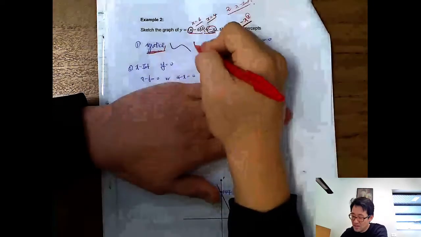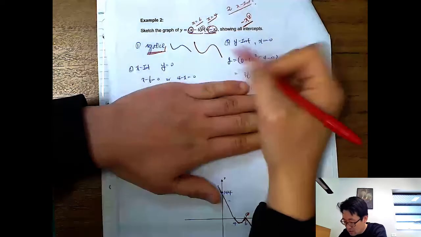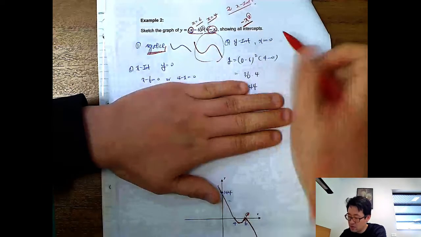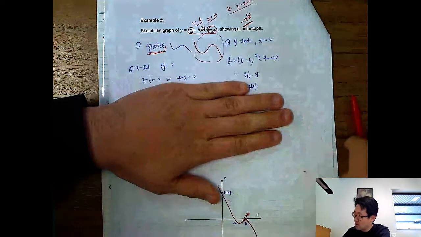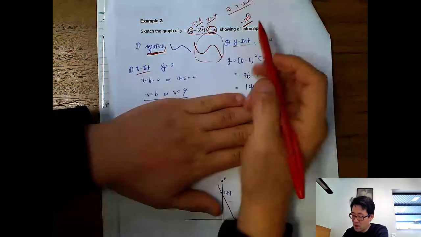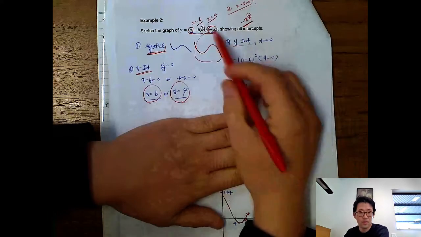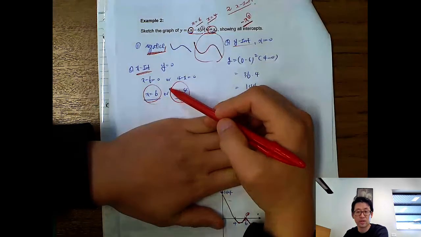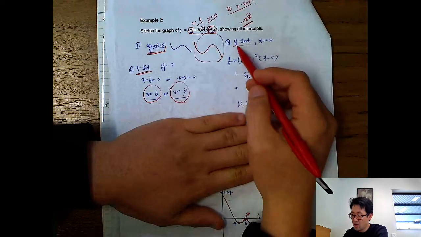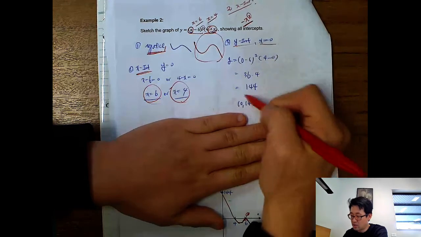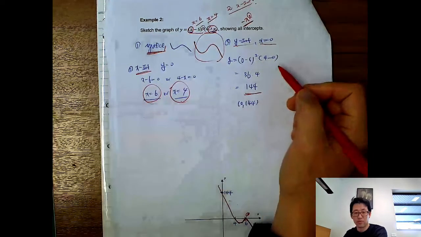So something like a going down graph. And then you go and check the x-intercept and y-intercept. The x-intercepts we already have, 6 and 4. I can get it straight away, or you can write it down that way. And the y-intercept, when x equals 0, is 144.